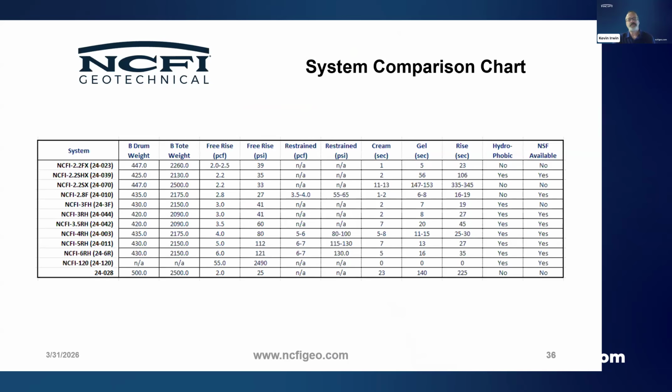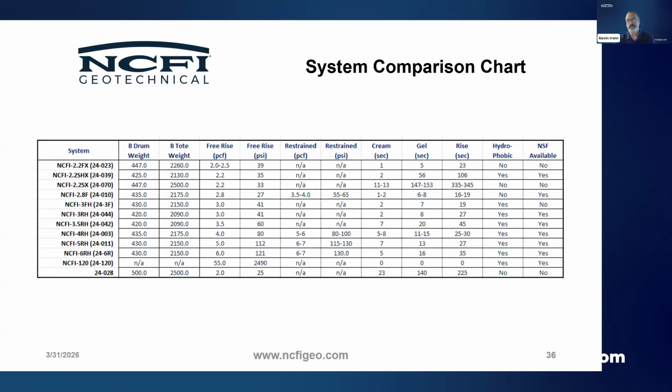Here's a few systems. This is a lot of information on one little slide, so I just wanted to show you that this is available. You can contact us to get a copy of this image. But this is just our general comparison of our most common systems on the geotech side.